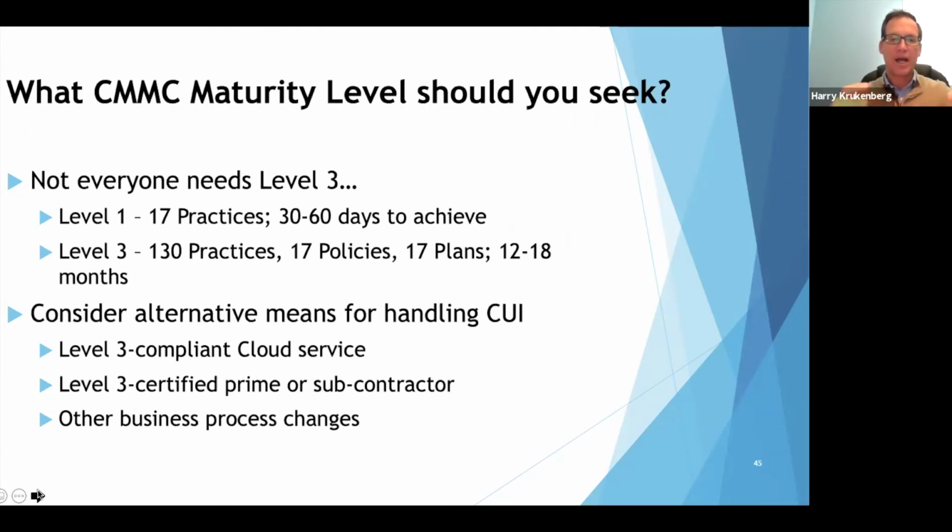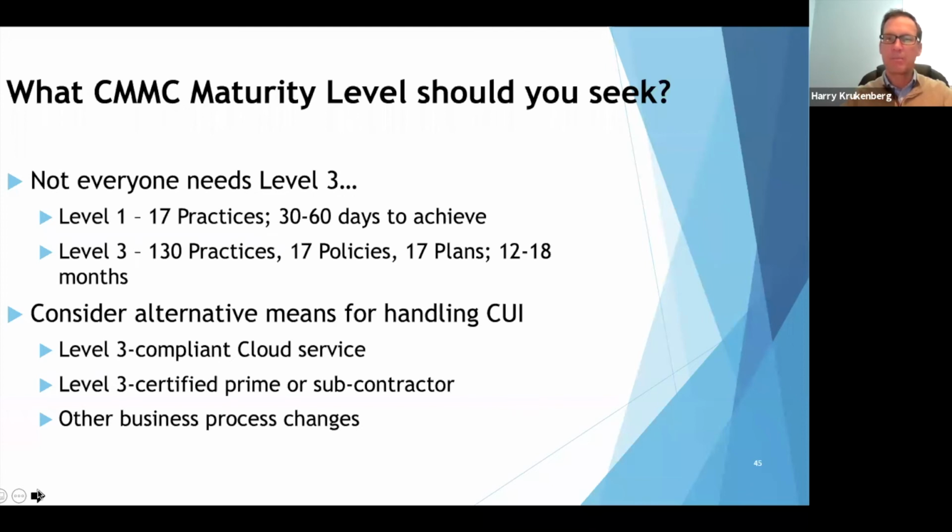So rather than have CUI in various parts of your systems and emailed from person to person within your organization, and therefore having a requirement for your entire system to be level 3 compliant, maybe you change your processes so that only a part of your network or a part of your computing enclave is ever exposed to or ever contains controlled unclassified information.